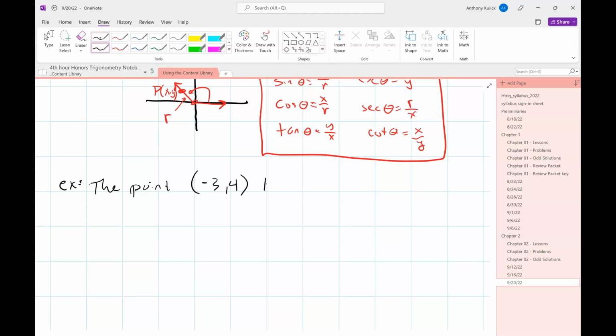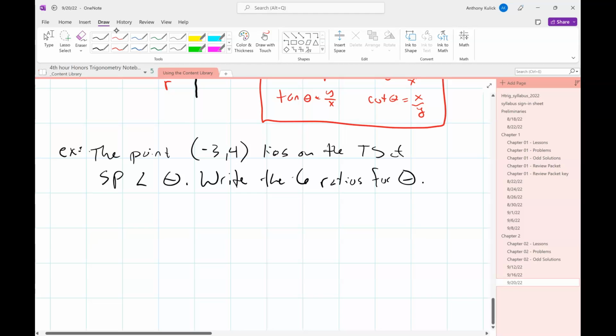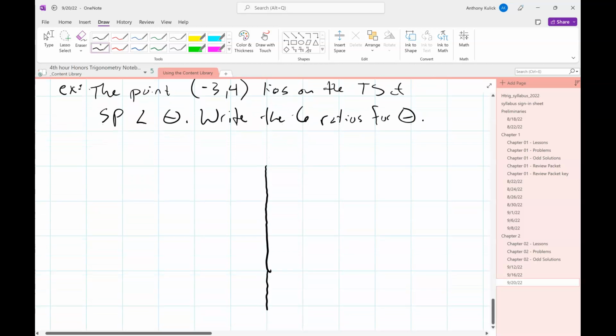The point (-3, 4) lies on the terminal side of the standard position angle theta. Write the 6 trig ratios for theta. What do you suppose I'm going to start by doing? Drawing a picture.